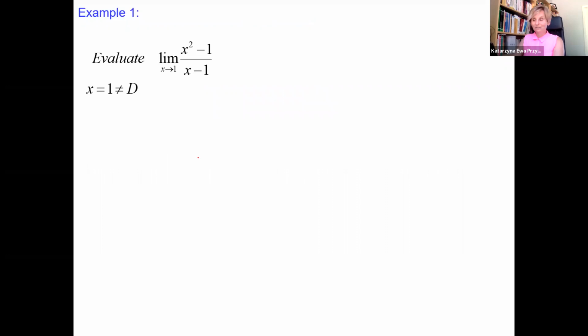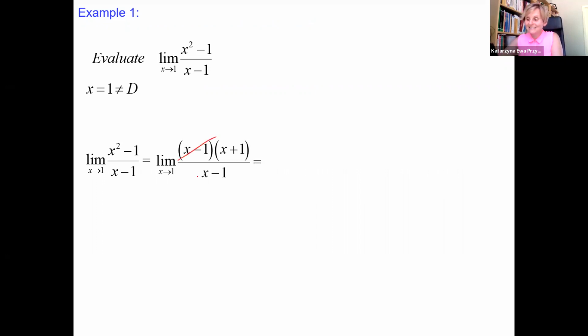Okay, we're getting back to this function. The quantity x minus 1 in the denominator is just a linear term, the simplest form. But x squared minus 1, we can factor as x minus 1 times x plus 1. And then we can see this common factor.